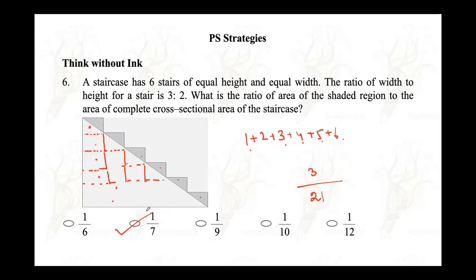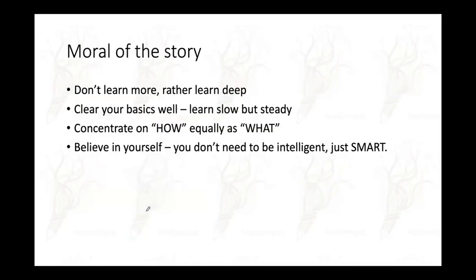Now, what I am trying to show out here is when you are solving these questions, you need not solve it by the traditional way because CAT or GMAT or GRE is not really checking your knowledge of how to solve the question. If you know your basics well, and if you know it slow and steady, you can apply those concepts to do these questions smartly, which can be solved, therefore, in very, very less time.